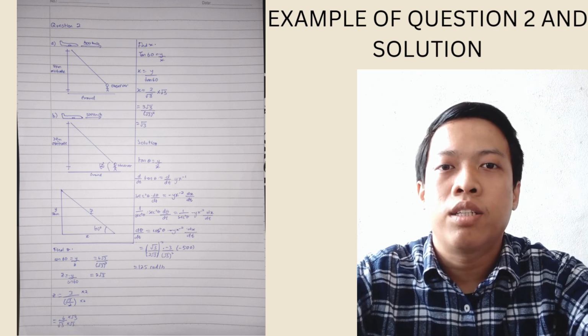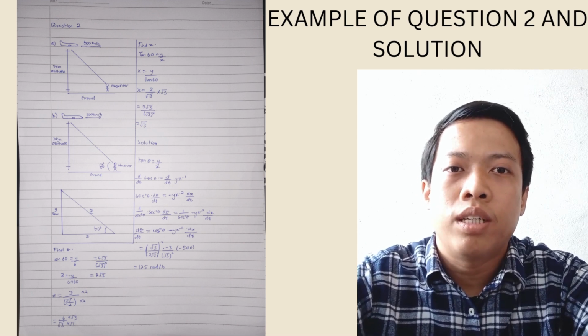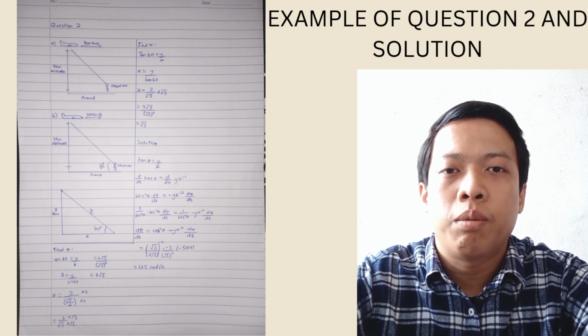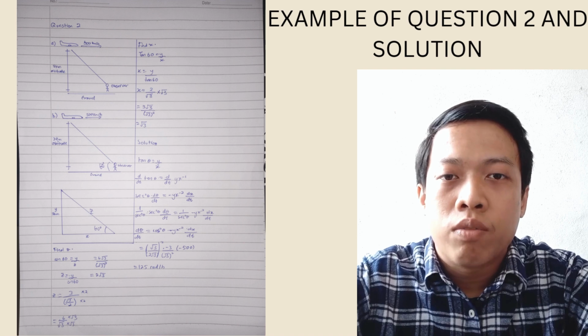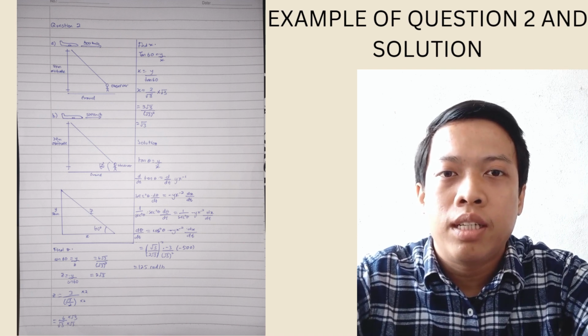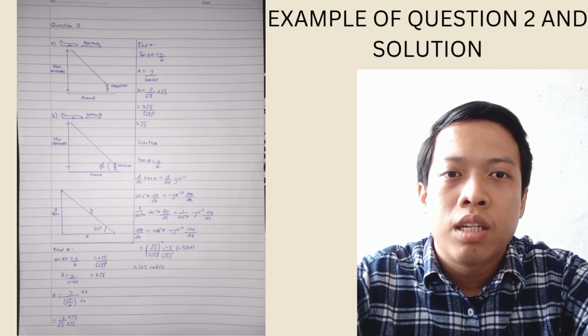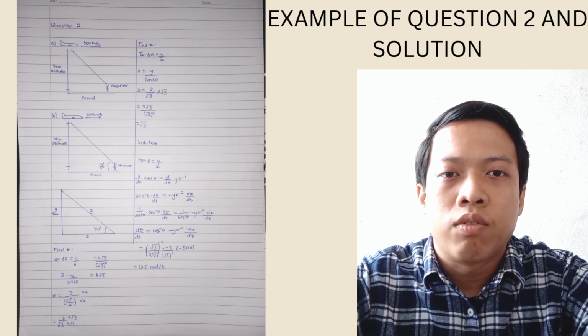Sec squared theta d theta over dt equals negative y x to the power of negative 2 dx over dt. We multiply both sides by 1 over sec squared theta, and we get d theta over dt equals 1 over (1 over cos squared theta) multiplied by negative y x to the power of negative 2 dx over dt.